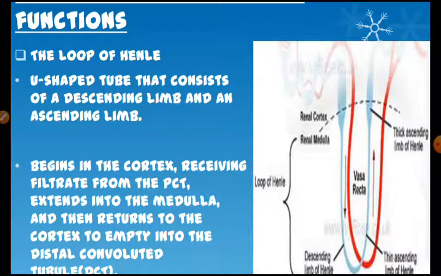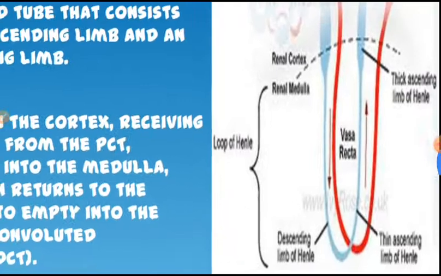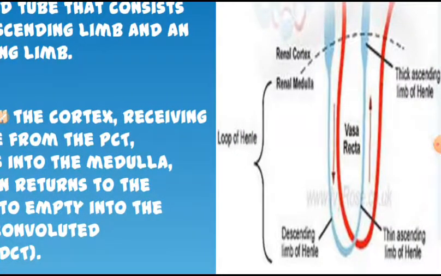It is a U-shaped loop present in the medulla of the kidney. The loop of Henle can be divided into three parts: the descending limb of Henle's loop, which you can see here, then the thin walled ascending limb of Henle's loop, then the thick walled ascending limb of Henle's loop. First one is descending, then the other two are ascending.